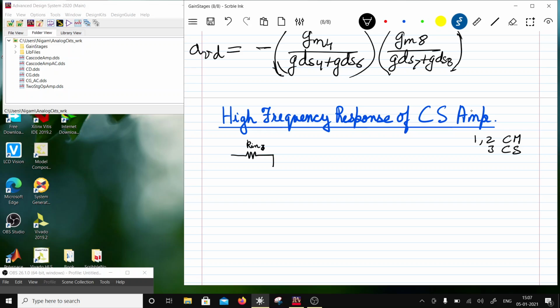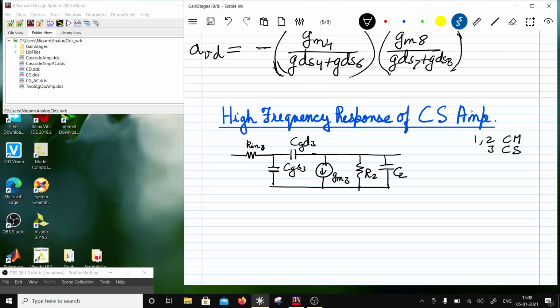So Rn3 is the gate resistance, the trace resistance of this transistor. Then you have got CGS3 here, and then you have a CGD3 here. Okay, and then you have got GM3 here, and then you have got R. I would put here a resistance R2, and this resistance R2 is a combination, so I'll come to that. And then I would put here a capacitance C2.